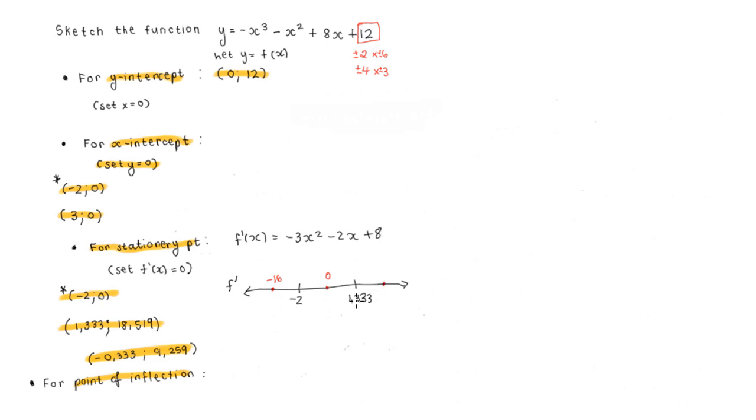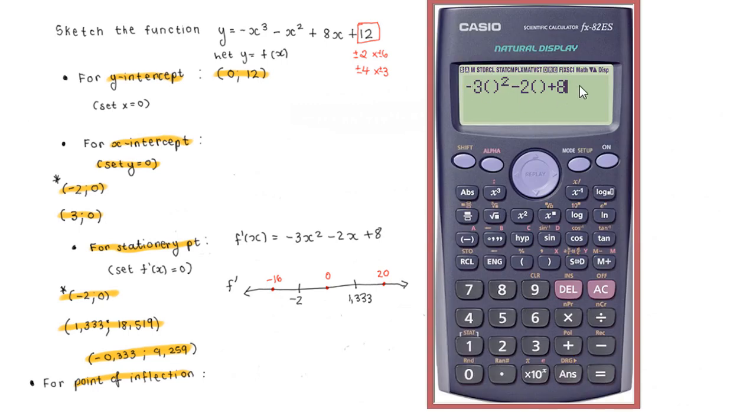And lastly, the open interval from 1.3 recurring to positive infinity, maybe let's choose a test value of 20. As you can see, I've now inserted our f prime formula into the calculator, and we are then going to substitute these chosen test values into the f prime formula, and that is going to give us the value of the derivative function.